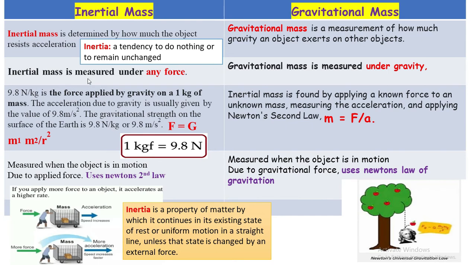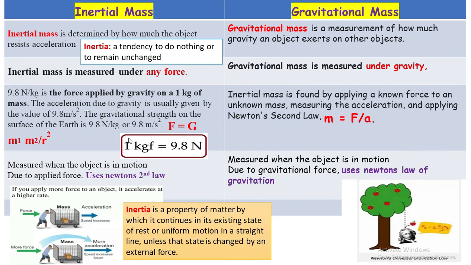Inertial mass is measured under any force. 9.8 Newton per kg is the force applied by gravity on 1 kg of mass. The acceleration due to gravity is usually given by a value of 9.8 meter per second square. The gravitational strength on the surface of the earth is 9.8 Newton per kg, or 9.8 meter per second square.